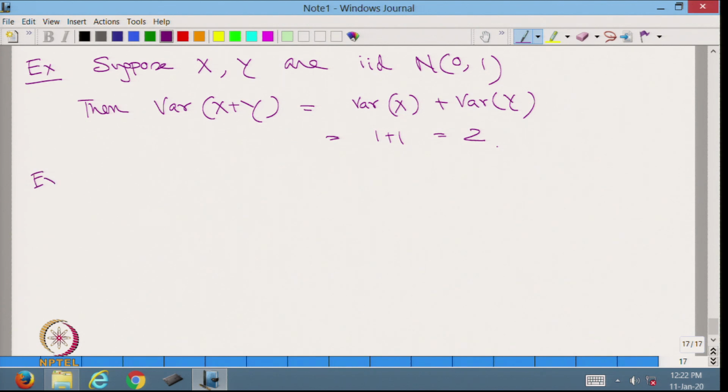Another example, suppose x is gamma lambda alpha, y is gamma lambda beta, and they are independent.